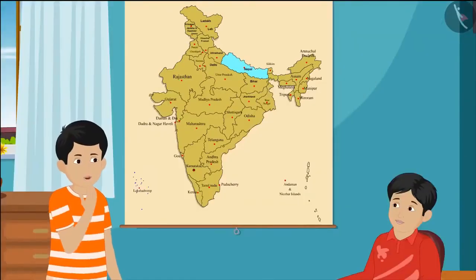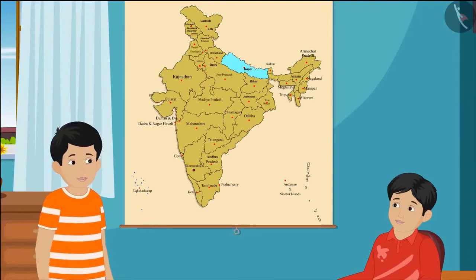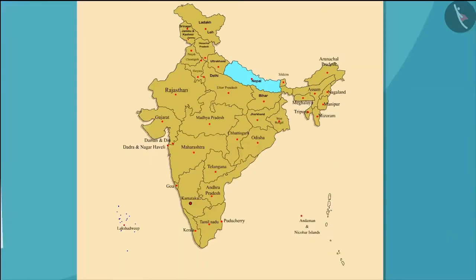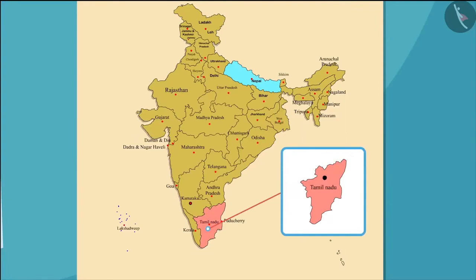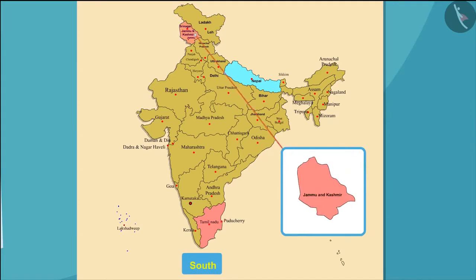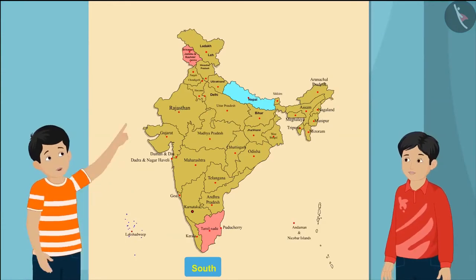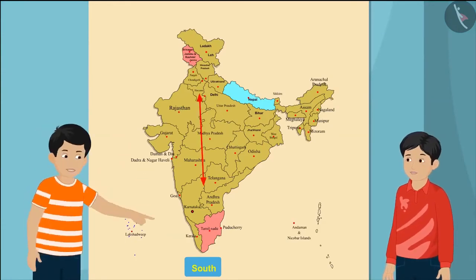Alright, but where is Tamil Nadu? Look at this map carefully. Tamil Nadu is a southern state of India. And this is Jammu and Kashmir, where you are going for the holidays. Oh, Jammu and Kashmir and Tamil Nadu are in opposite directions.